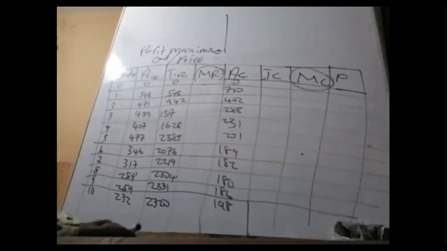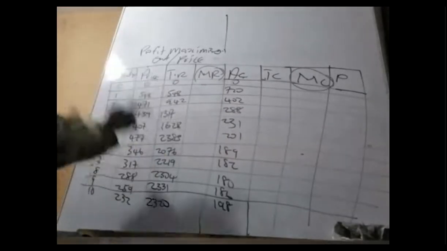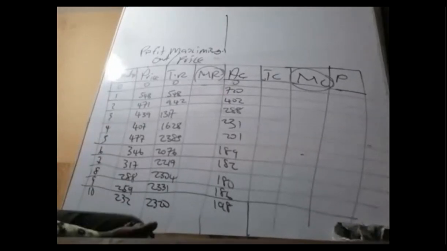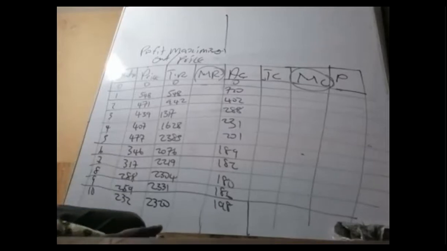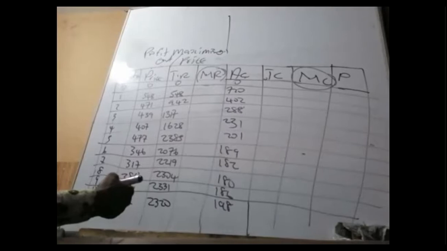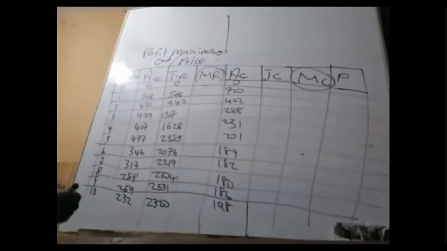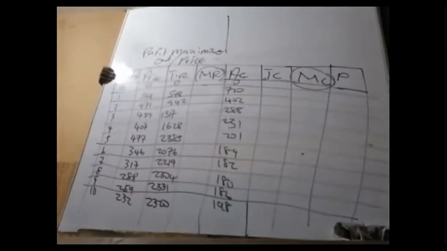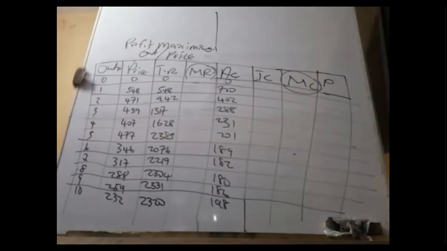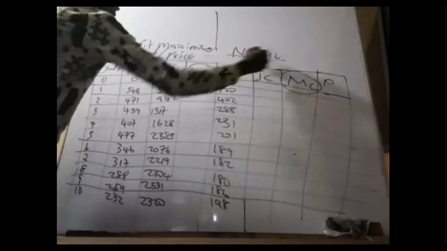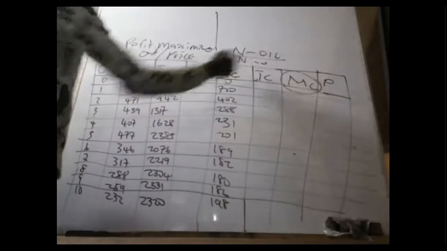Let's find the marginal revenue. Marginal revenue means the change in the revenue with respect to output. So if you want a formula for change, it simply means the new minus the old, all divided by the new quantity minus the old quantity.